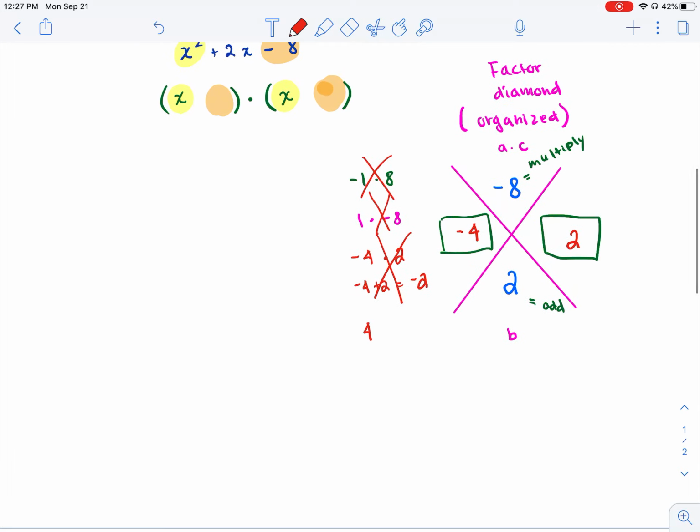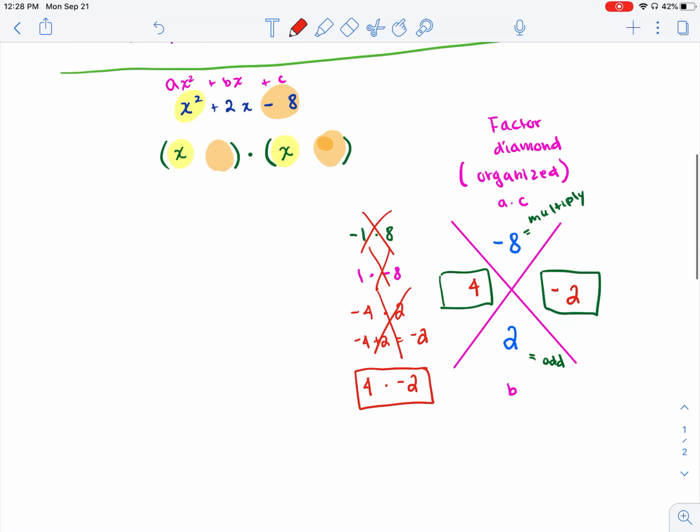So let's try making it +4, and let's make it -2 this time. 4 times -2 is -8, and when we do 4 plus -2, it equals +2. Yes, so this time these 2 pairs work.